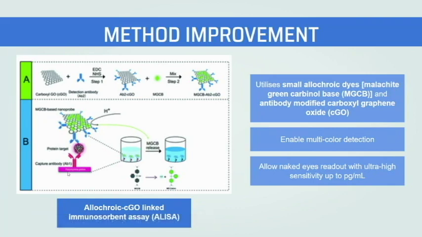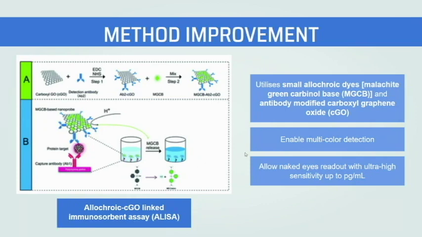And once the target protein or antigen is bound, you change the pH of the solution. When the pH of the solution is changed, the malachite green carbinol base will change color accordingly, and you can measure the amount of protein or antigen bound according to the intensity of the solution.